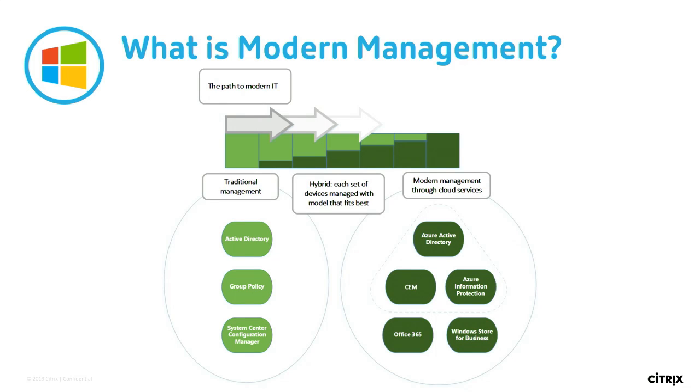However, as we begin that migration to the Windows 10 devices, Microsoft is making a lot of those legacy pieces available in modern management through a Citrix endpoint management. And what does that look like? They're taking a lot of those old group policies and Active Directory configurations and making them available as CSPs.